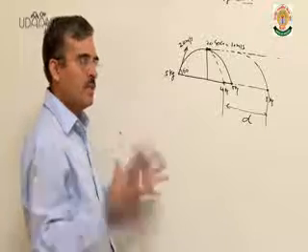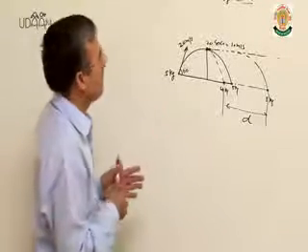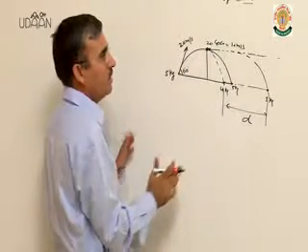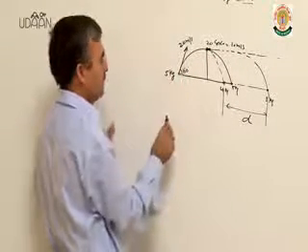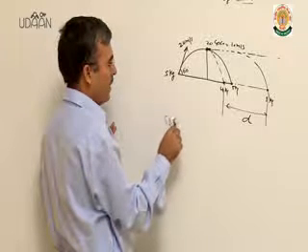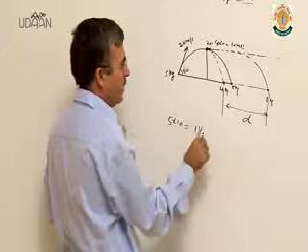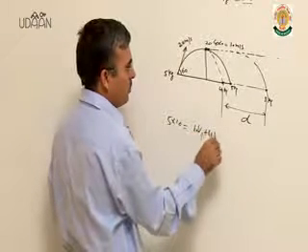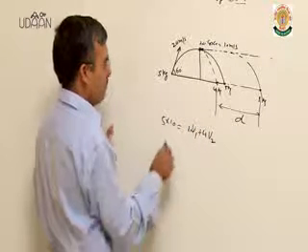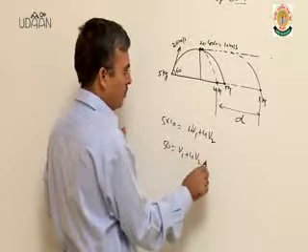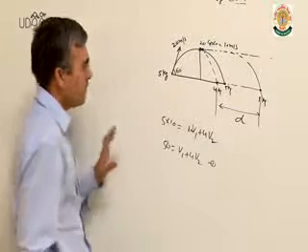The impulse of the internal force is there, so momentum will be conserved. Because it is moving horizontally, in horizontal direction momentum will be 5 into 10 equal to 1 into v1 plus 4 into v2, or 50 equal to v1 plus 4 v2.